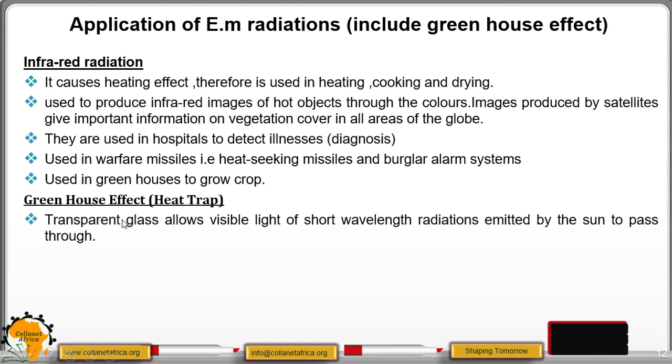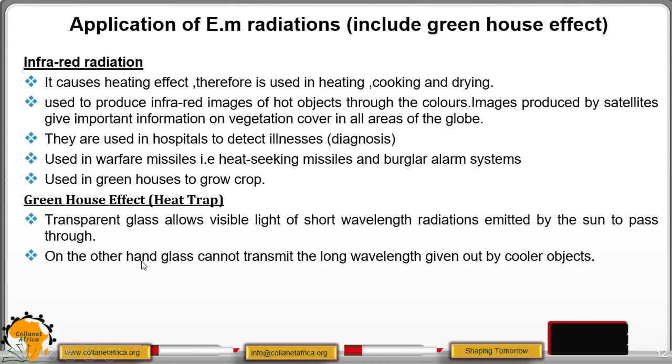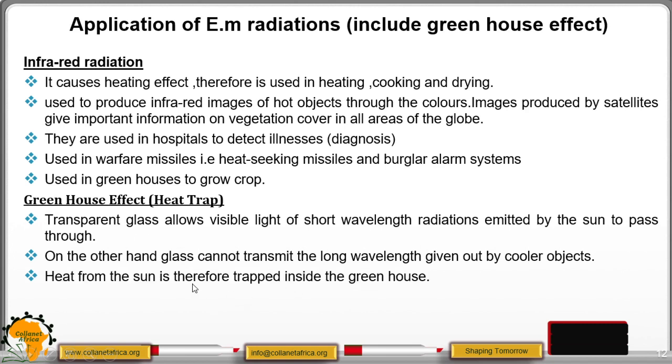What happens in the greenhouse is that it is covered with transparent glass, and this glass allows visible light, which has a short wavelength, to penetrate. Now, after penetrating, the plants and the living organisms inside the greenhouse release an electromagnetic wave of longer wavelength, and that longer wavelength cannot move out of the greenhouse through the transparent glass, and therefore it is trapped.